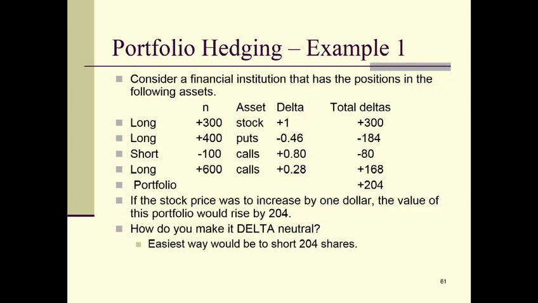Okay, so to hedge the delta for a portfolio, you simply add up the respective delta for the components in your portfolio, and this will be the delta that you're going to use to hedge. Okay, the hedge ratio. Is there any question on this slide?